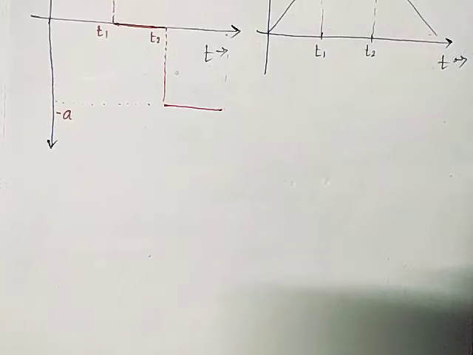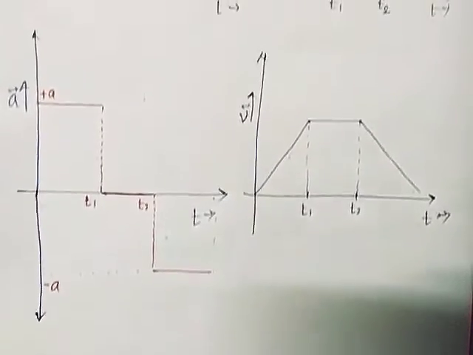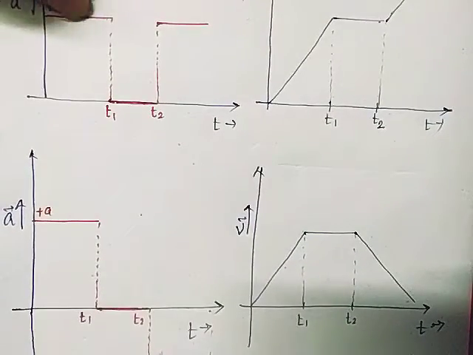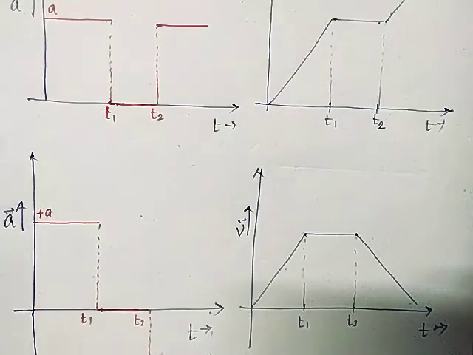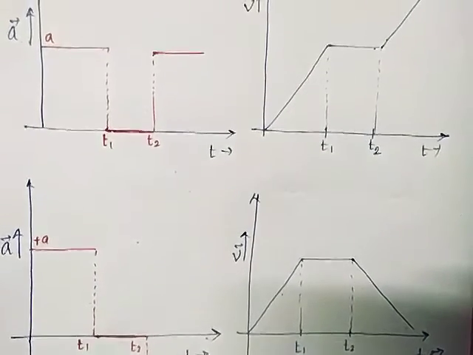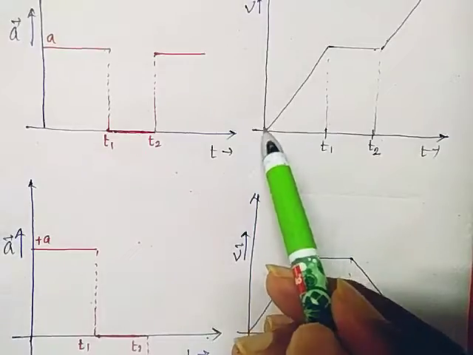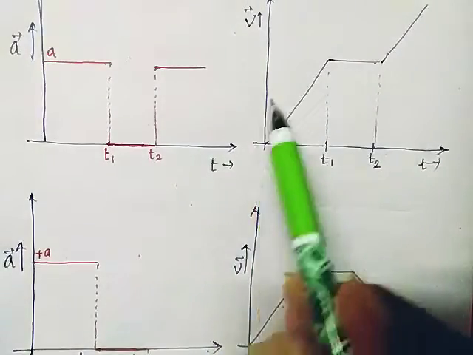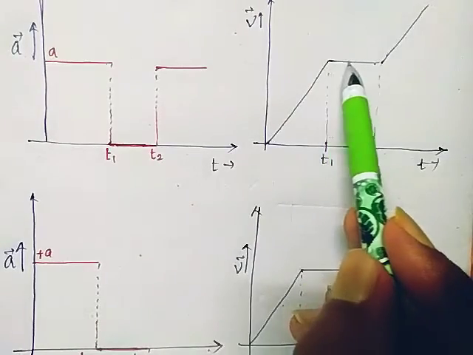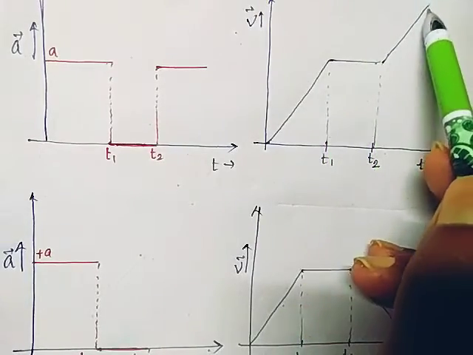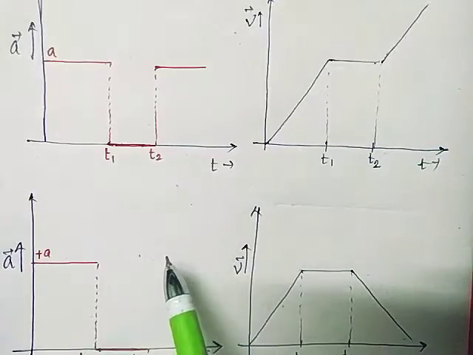Now if anyone wishes to draw the displacement versus time graph for this one, keep one thing in mind. This is the velocity versus time graph: at first the velocity is increasing, then it becomes constant, then it is again increasing.